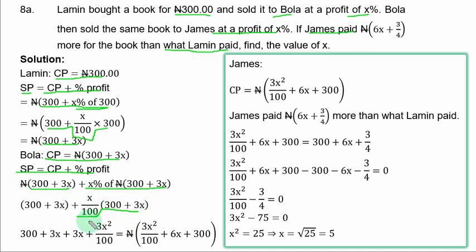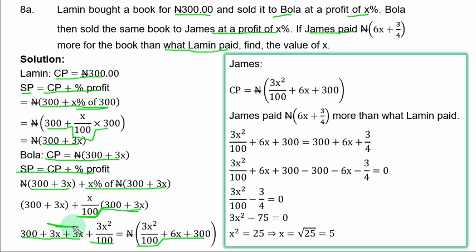If we simplify further, you have 300 plus 3s, then plus S over 100 times 300 plus 3s. S over 100 times 3s, you have 3s squared over 100. Following the highest power of the letter, you have 3s squared over 100 plus 6s plus 300. If you add 3s and 3s, you have 6s.